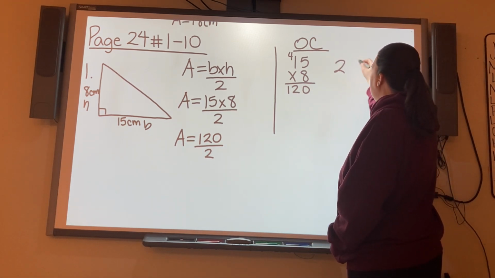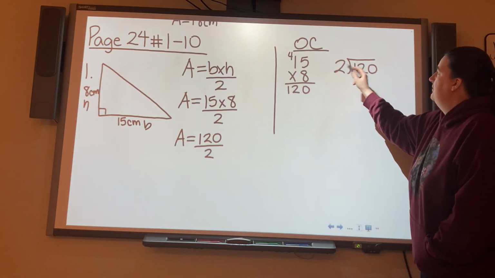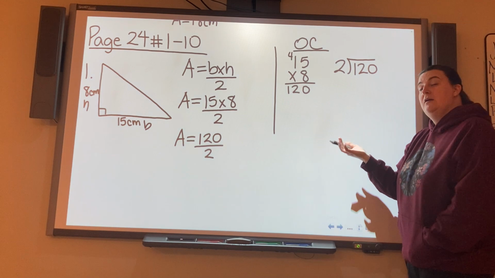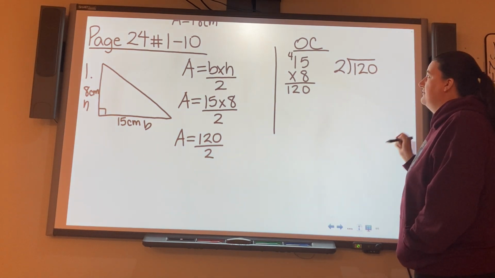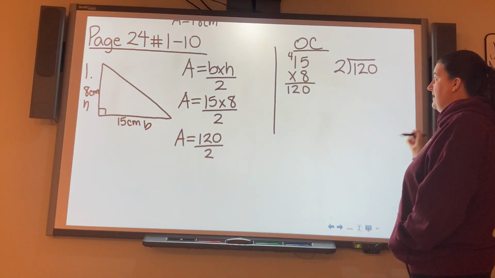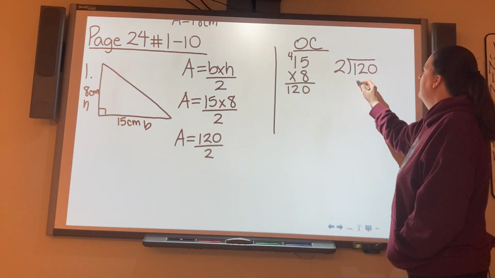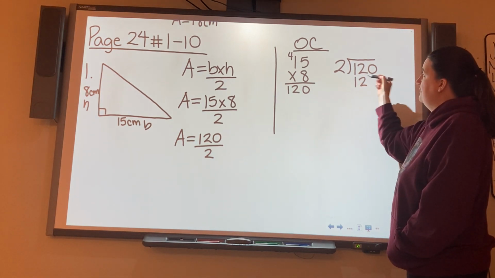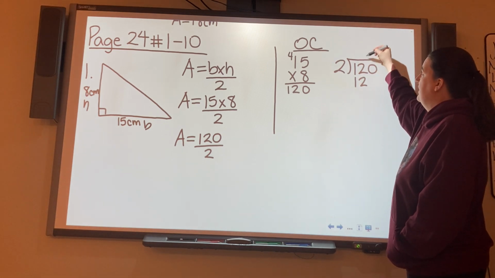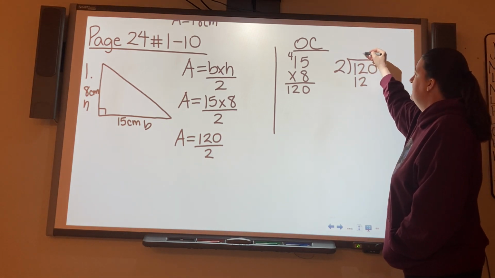Take your 2 and divide it into 120. 2 into 1, I can't do that, one's too small. 2 into 12, I can definitely do that. So you look down your 2's till you get to the closest thing to 12 without going over, which is 12. Then you look on the side to find out what's going to go up in your answer, which is 6.